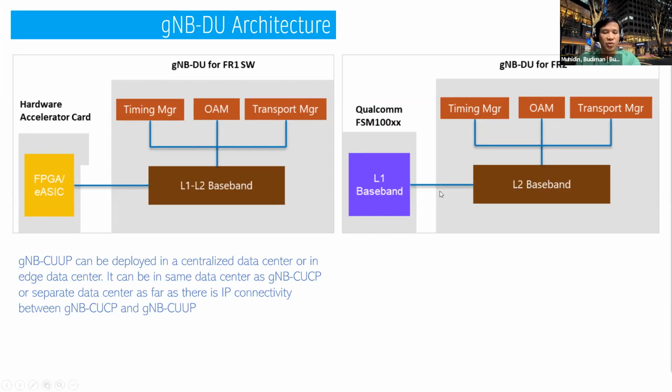For DU sub-6, support for the following functions. Previously, in CU we have L3 functionality. In DU we have L2 functionality like radio link control, MAC layer, and also the 7-2x ORAN interface to RU.